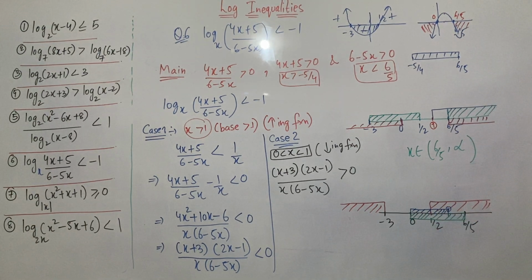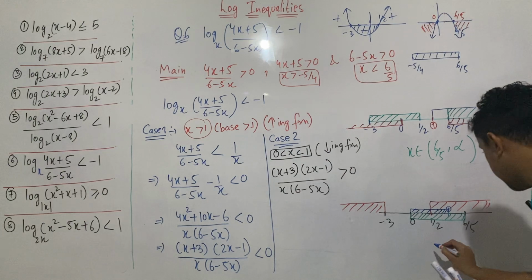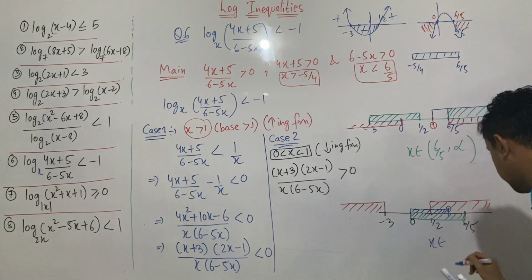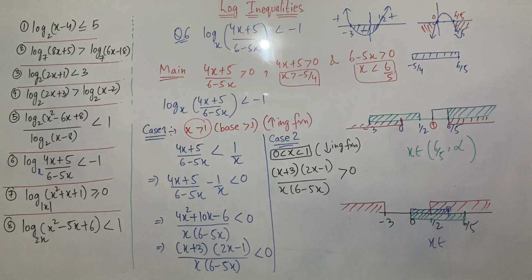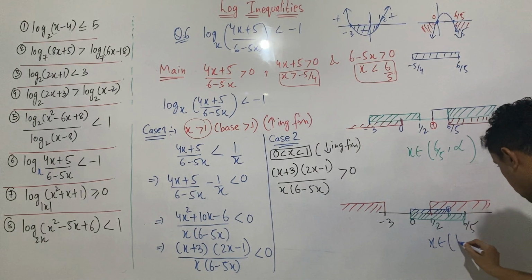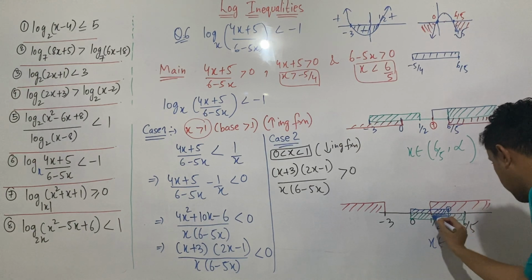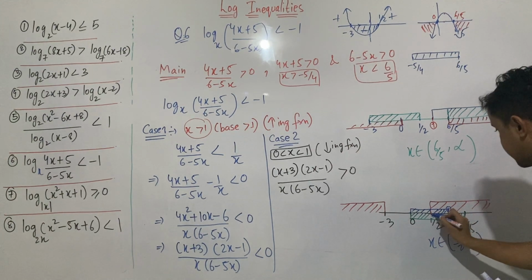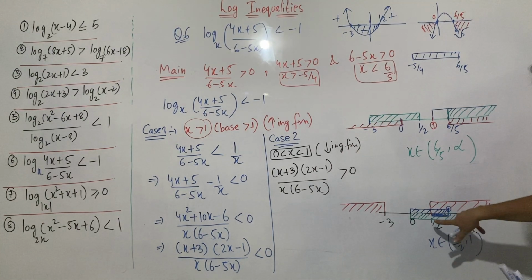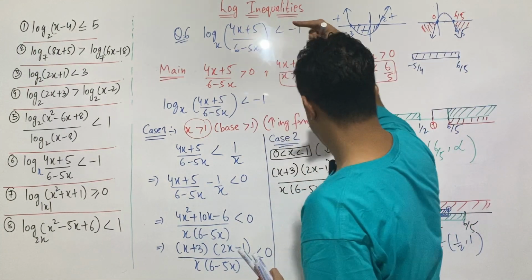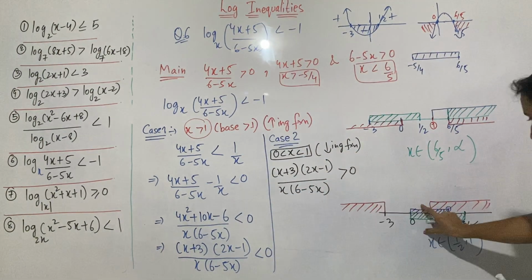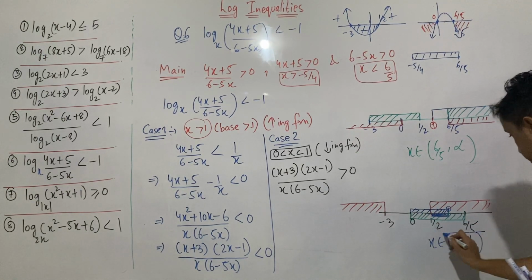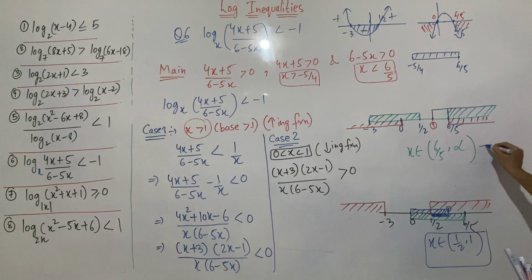If you see the common region, it is going to be 1 by 2 to 1. Because this is common to this and this. So this is going to be your common region. So this is my case 1 result. This is my case 2 result.